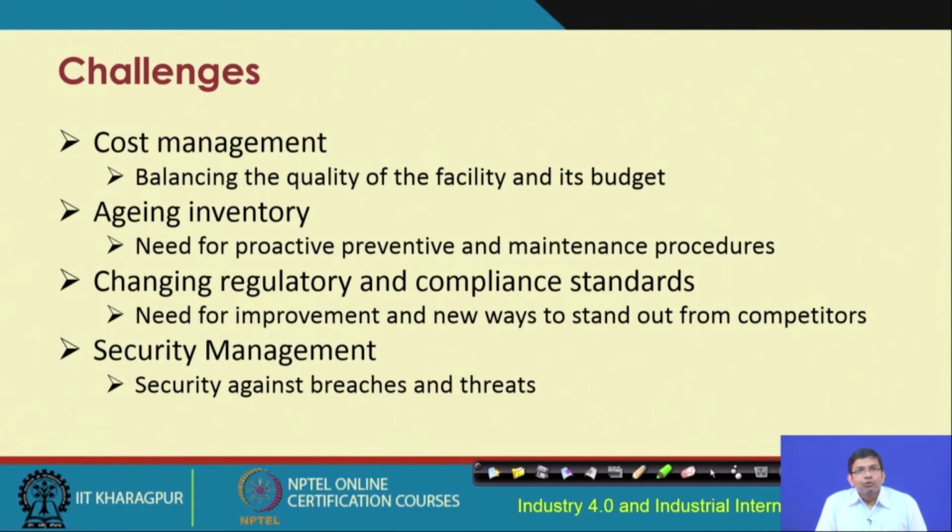So, taking proactive and preventive maintenance is also part of facility management. Changing regulatory and compliance standards and enforcing those within the facility are also part of facility management. Security management to protect infrastructure, facilities, and machinery against security breaches and threats is also a challenge.